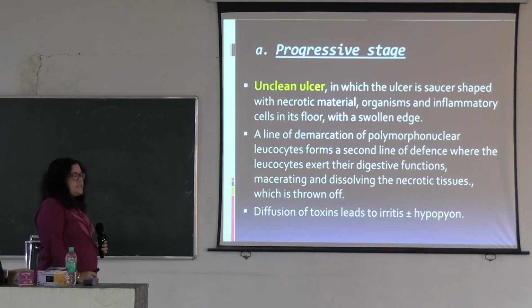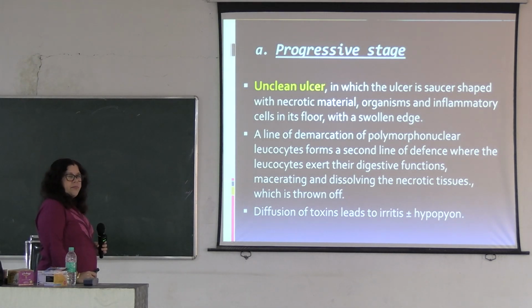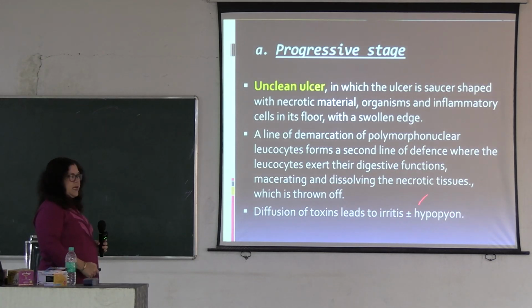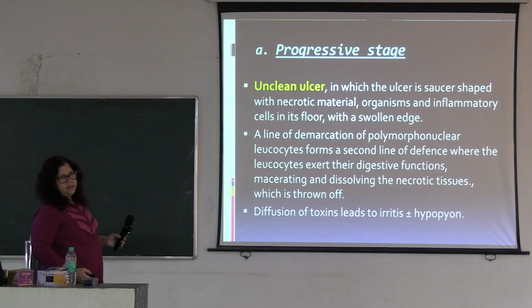There is infiltration of dead cells and epithelial necrotic cells, and they settle at the bottom of the anterior chamber, and that is called hypopyon. This hypopyon is due to the iritis, and this is a sterile hypopyon. If a secondary infection occurs, then it is called unsterile hypopyon.